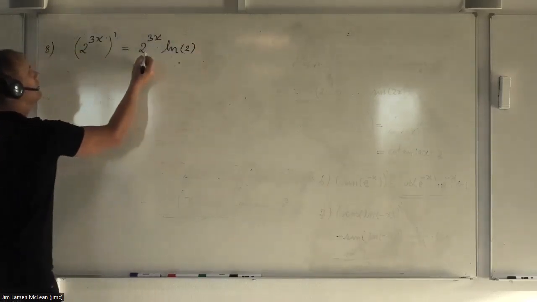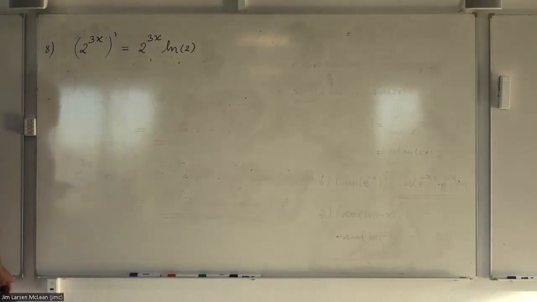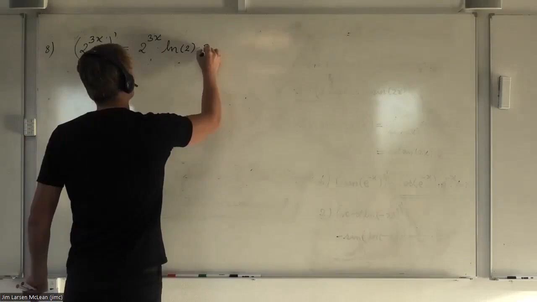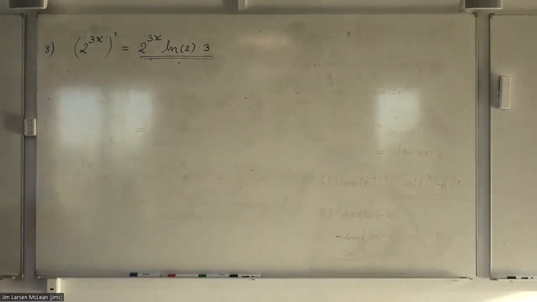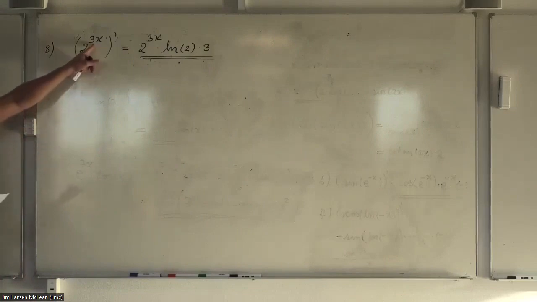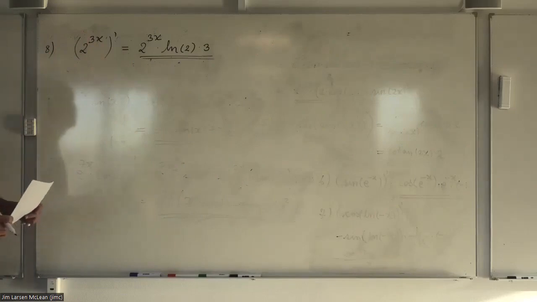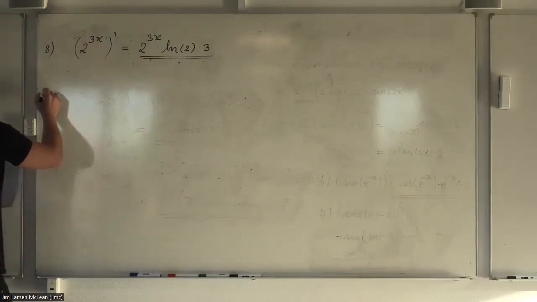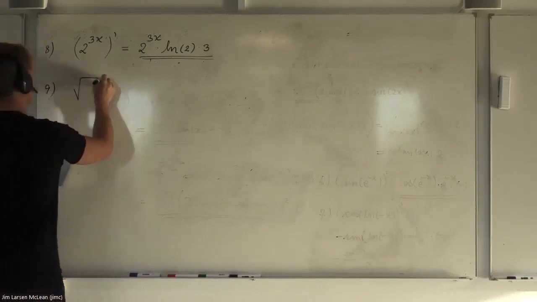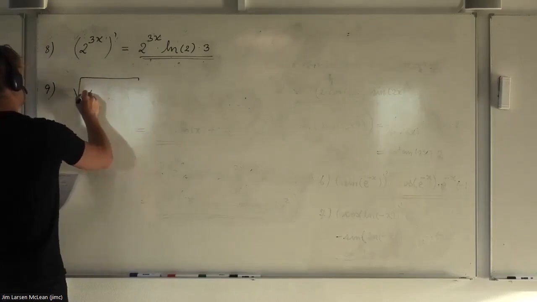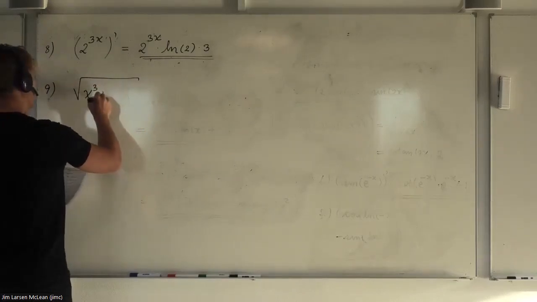But then I also need to remember that 3x is a function, so I also need to differentiate 3x, which gives 3. So here is the answer, because it's a composite function: 3x is a function that jumped into the x's place in the exponential function 2 to the x.